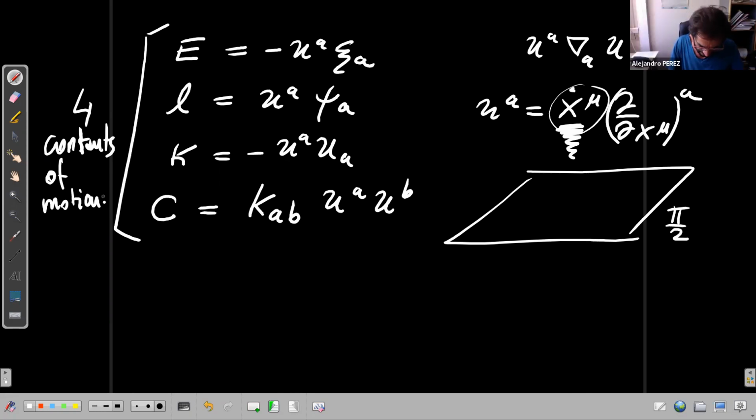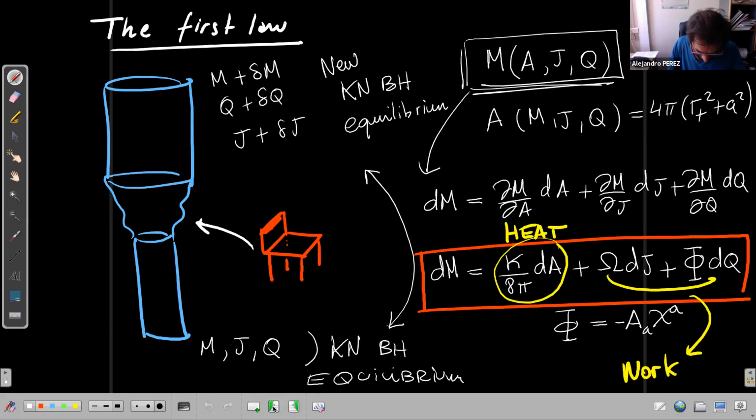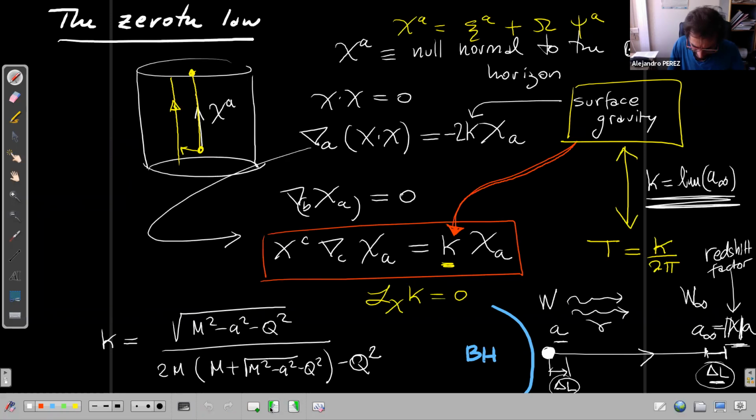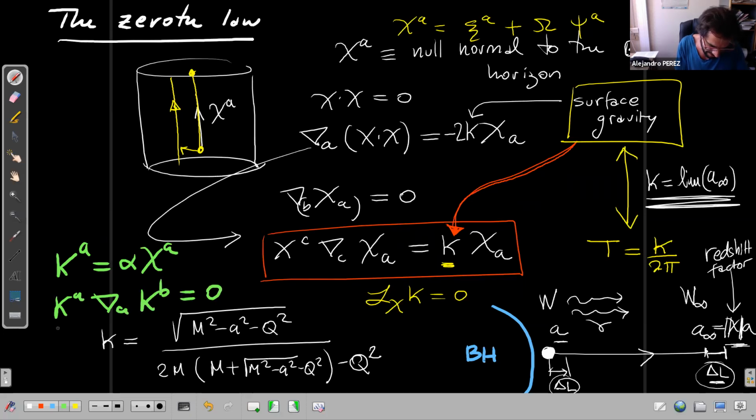You can define a new K^a, which is some alpha times psi^a, so that this K would be a geodesic, but also affinely parameterized. You can do that, but this K will not be a combination of Killing fields.